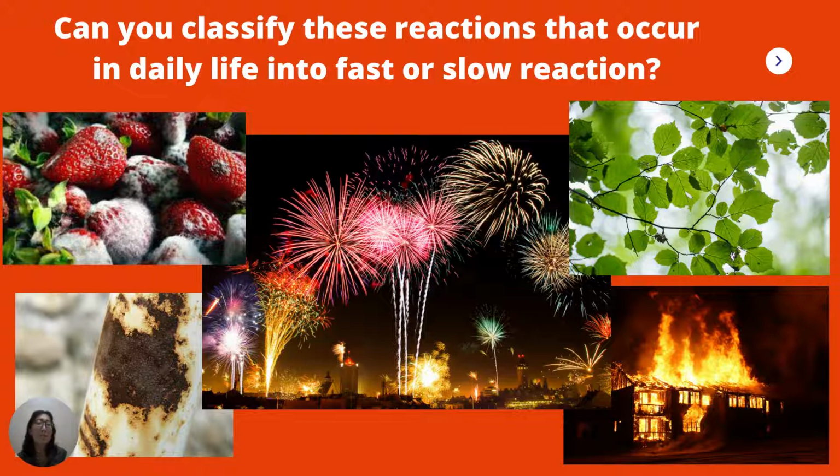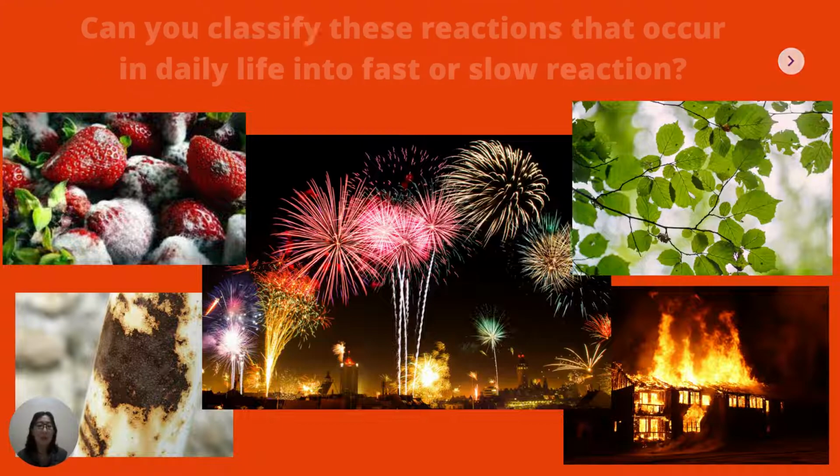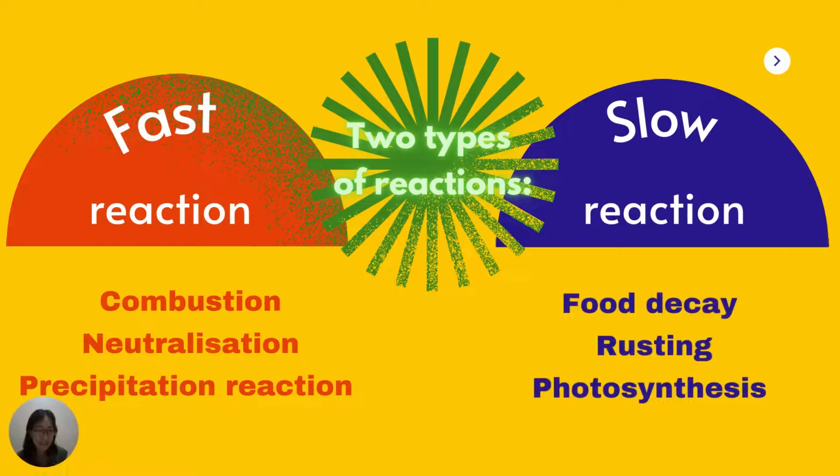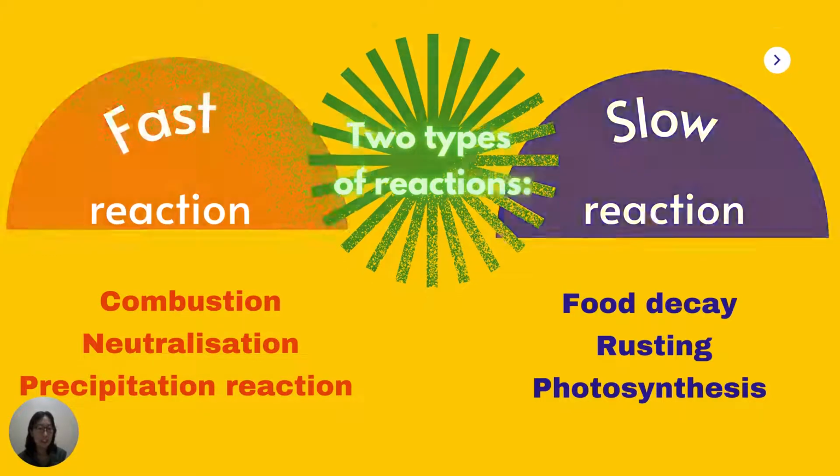Whereas any burning process or fireworks are fast processes because they take a very short duration, maybe several seconds or minutes to happen. The two types of reactions: fast reactions, for example, combustion, neutralization, precipitation, whereas slow reactions are, for example, food decay, rusting, or photosynthesis.